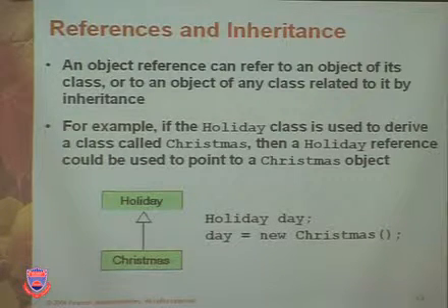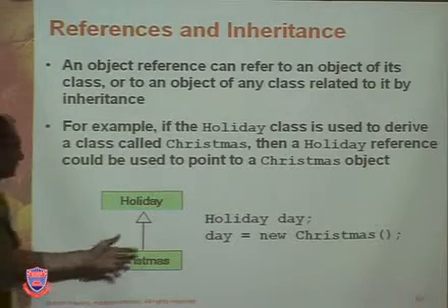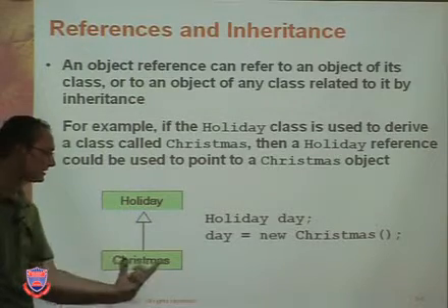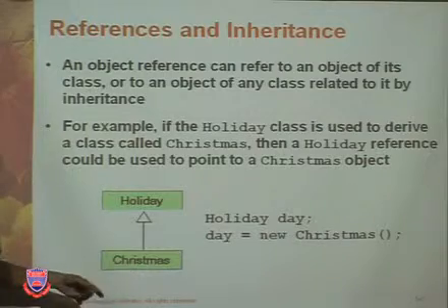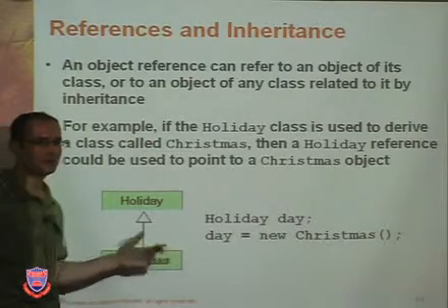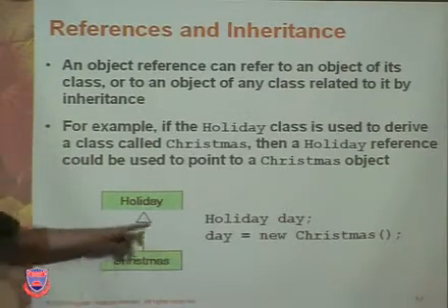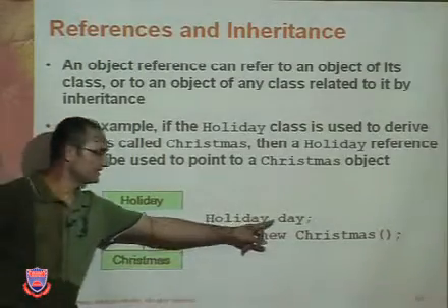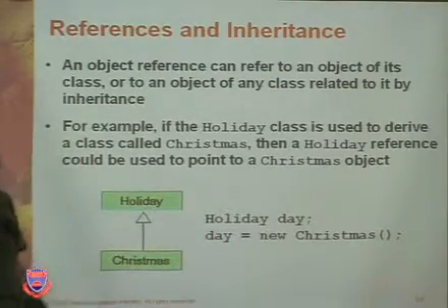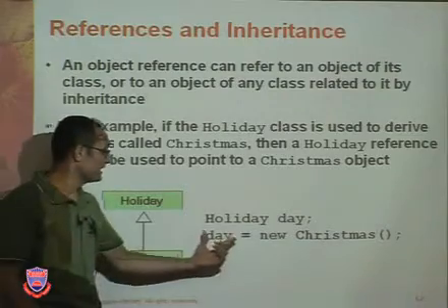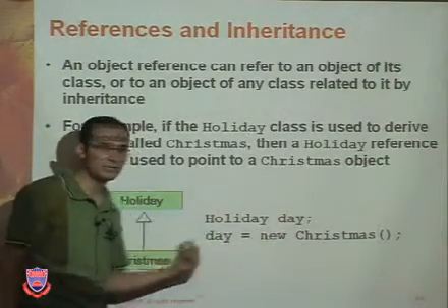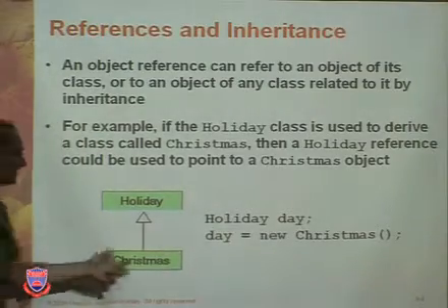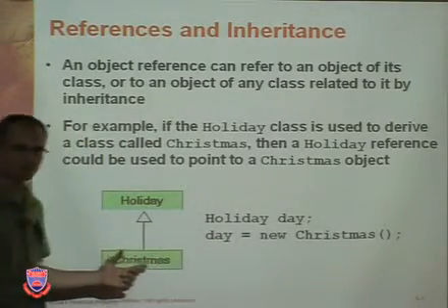In the example we have seen, you have a holiday class, which is a parent class, and then a Christmas class, which is the child class. Both of them have a celebrate method, and then you have a call on a holiday-type variable day, and you create the object such that it is one of the child's objects, in this case a Christmas object.